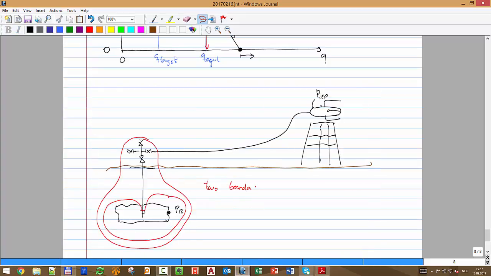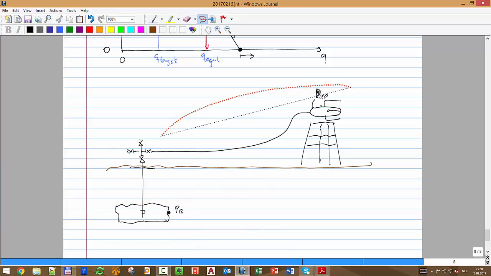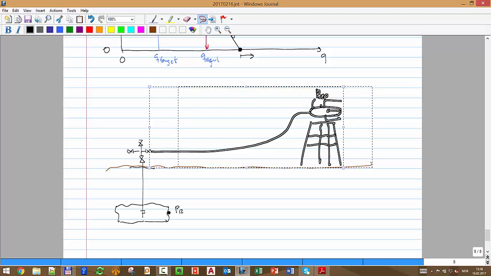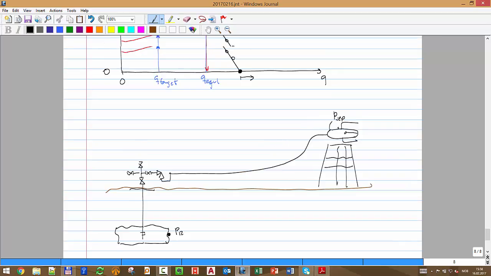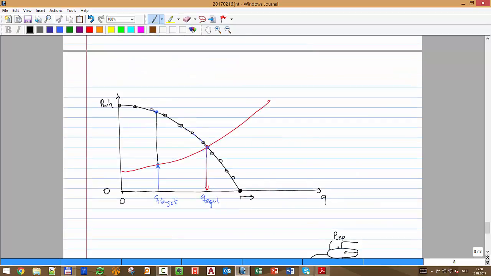What I make is an infinitesimal space, and I say, now I'm going to put in between the available and the required a choke that is going to bridge the pressure difference between these two curves. The choke is going to give me exactly that pressure difference to be sure that I'm operating exactly at this rate.